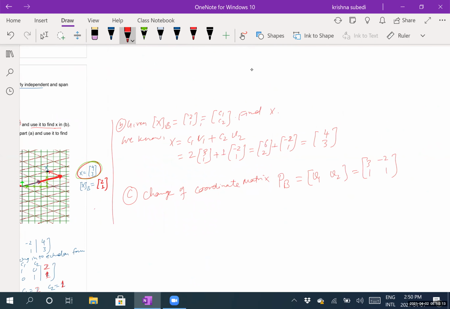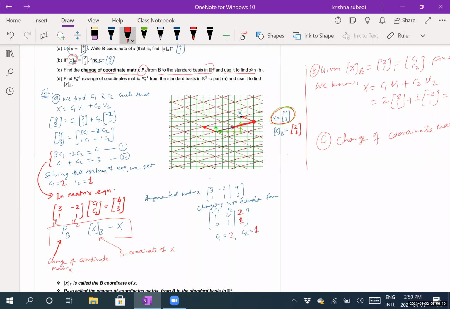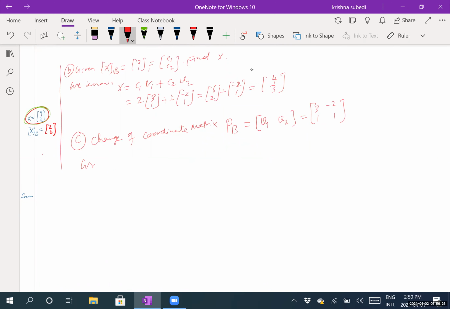So we know the formula already. Look at this. This is our formula now: X equals PB times the B coordinate of X. So X equals the change of coordinate matrix and then the B coordinate of X. Let us use this formula to find X. We already know how to find X by the earlier method, but we're going to learn another method here to find X. So this matrix is 3, negative 2, 1, 1.